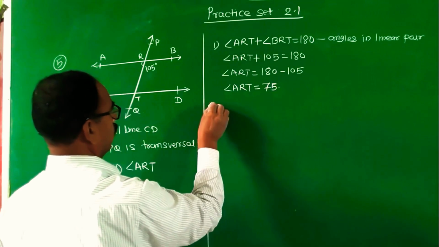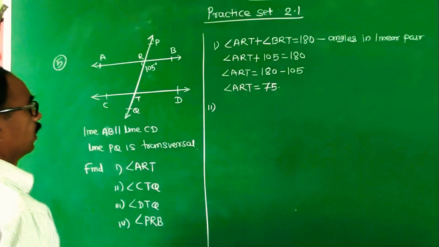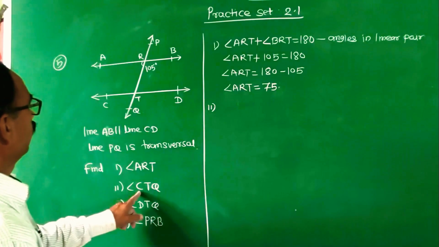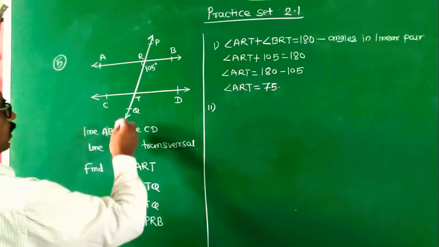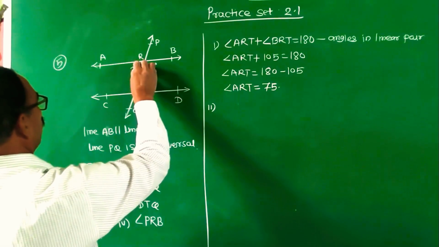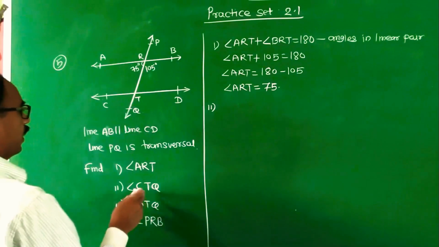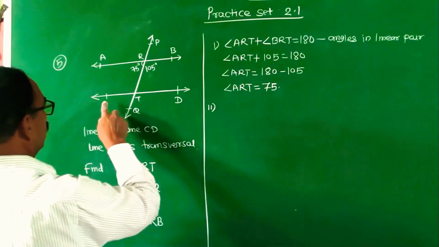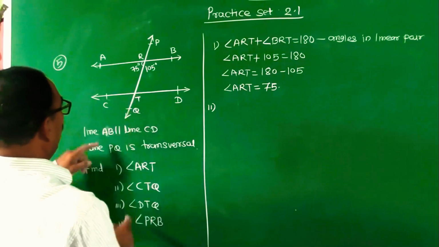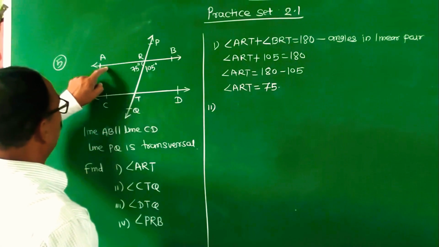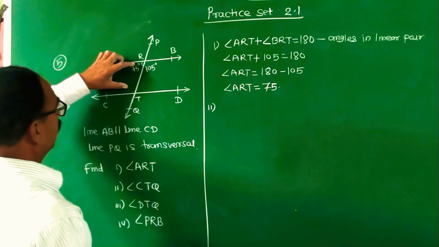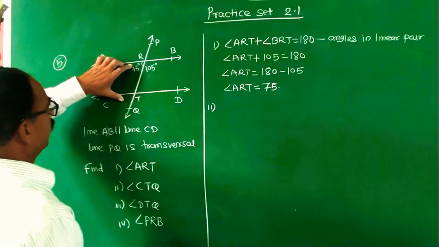Then number 2, here we have to find CTQ. Here ART we have as 75 degrees. Then we have to find angle CTQ. Angle CTQ and angle ART are of equal measure because these are corresponding angles.